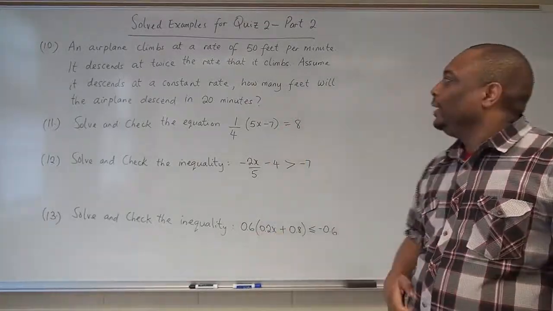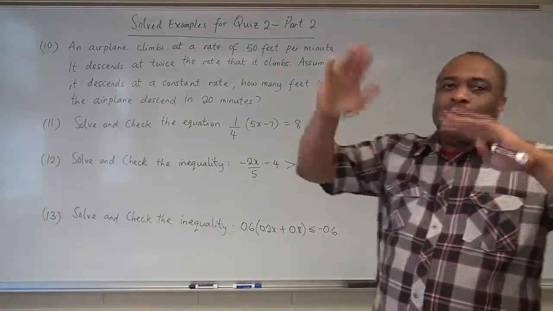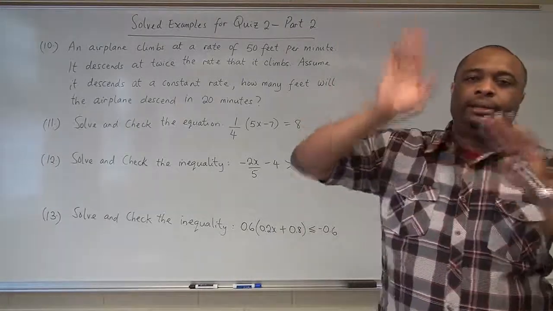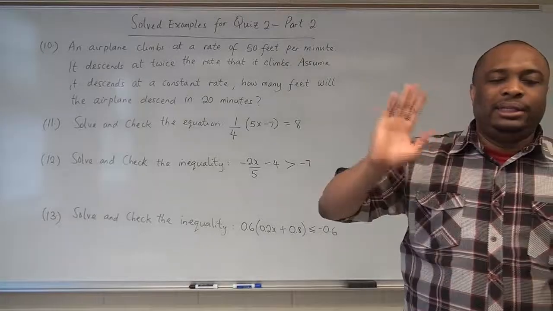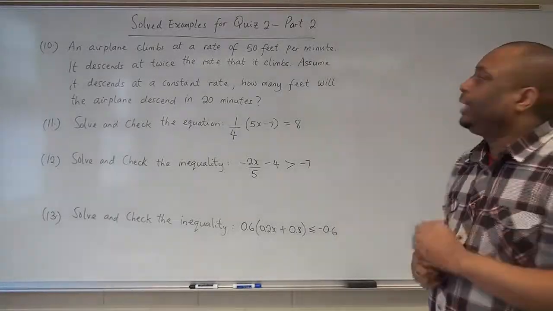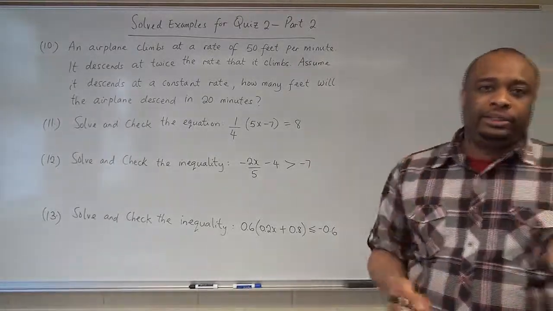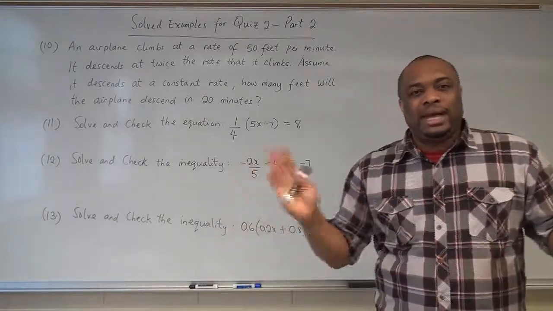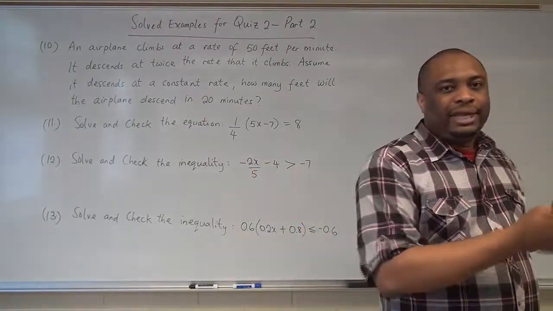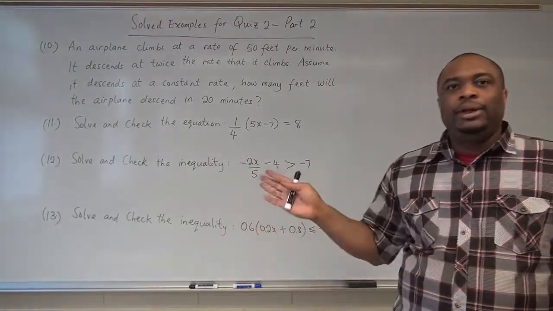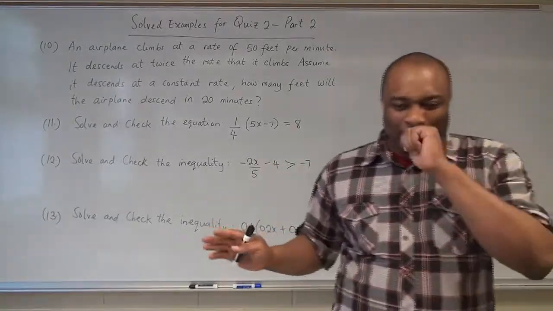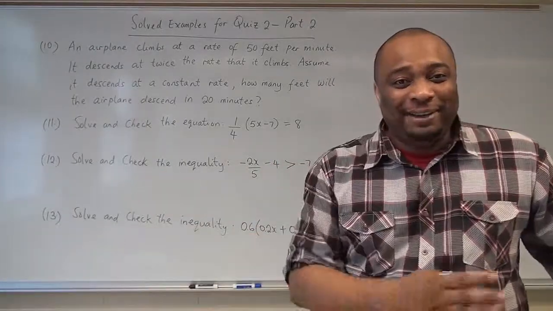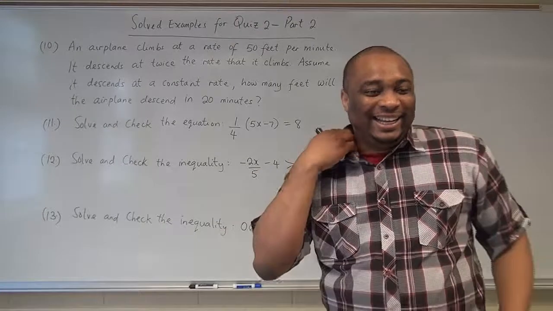It's not. It gives you the rate at which the airplane climbs, 50 feet per minute. Just take it as the rate at which you drive. That's the speed. I hope you don't drive 85 or 90 on the freeway.